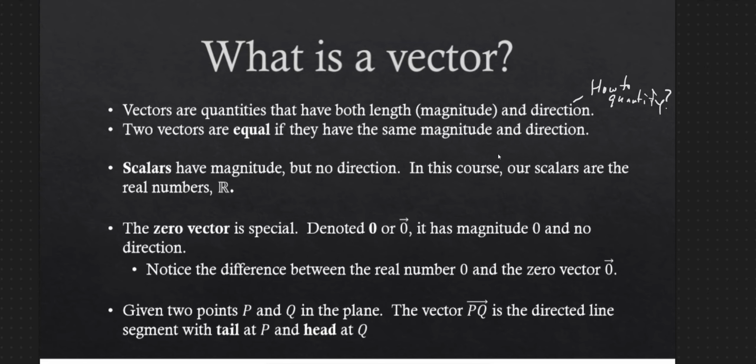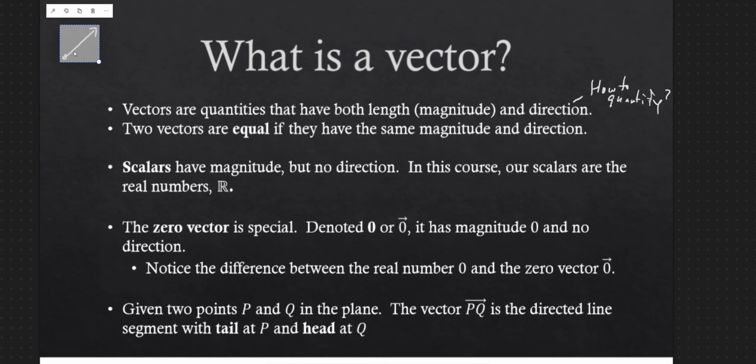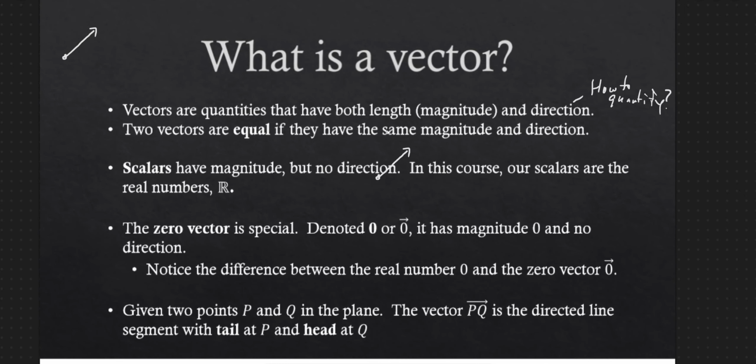Two vectors are equal if they have the same magnitude and direction. So this is an important one because it doesn't matter where I draw these vectors. So for instance, if I draw, let's say, this vector, and then let's say I just pick this vector up and plop it over here. Maybe I move it over here. These are the same vector. So here, if I call this vector, let's call this u that I've defined here, and I call this vector v.